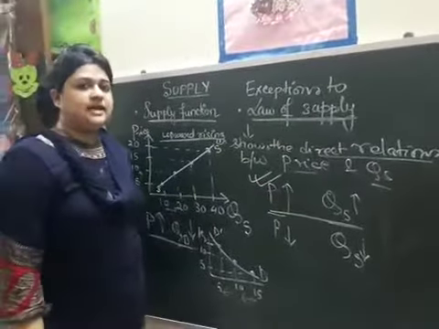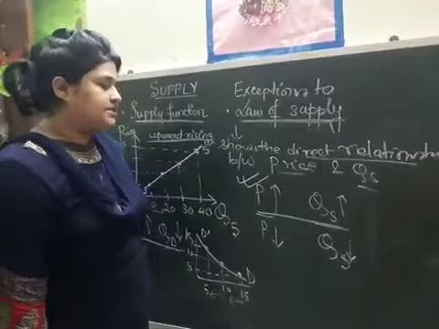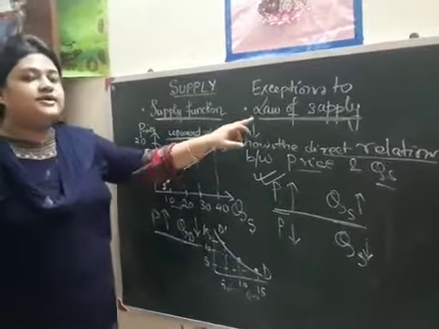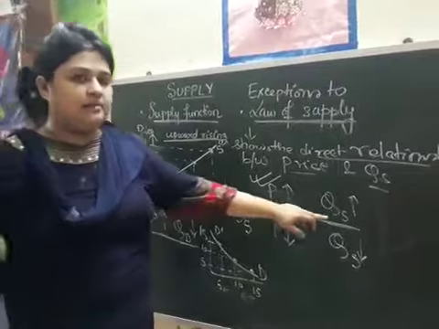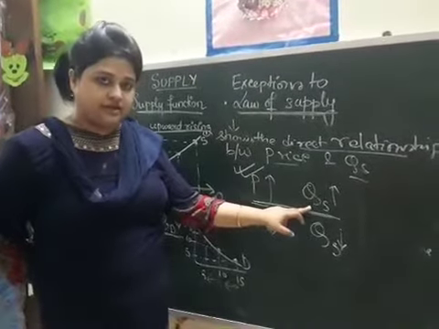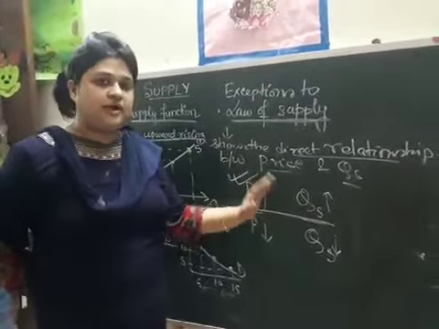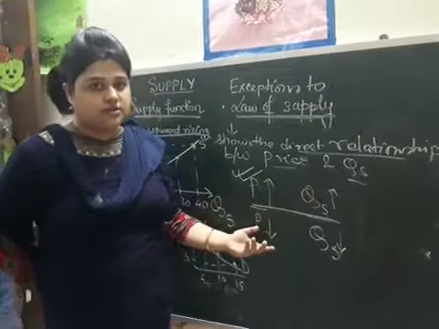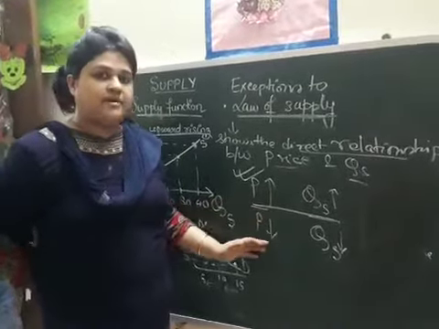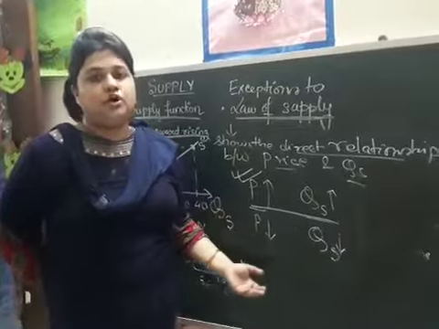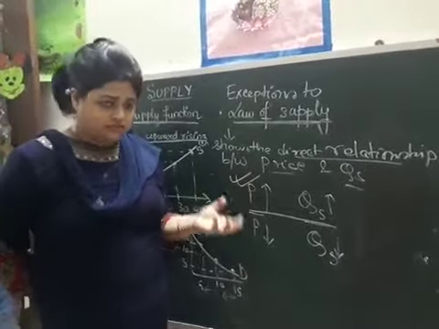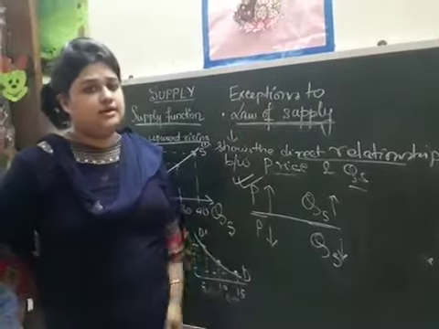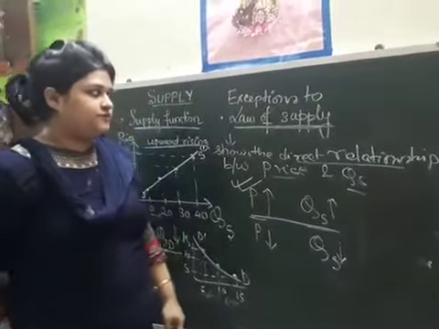That means there are certain exceptional cases where the law doesn't hold. Law doesn't hold means price and supply might not have a direct relation. That is, with increasing price, quantity supplied may not increase. With decreasing price, quantity supplied may not decrease. That type of phenomena is captured under exceptions to the law of supply.